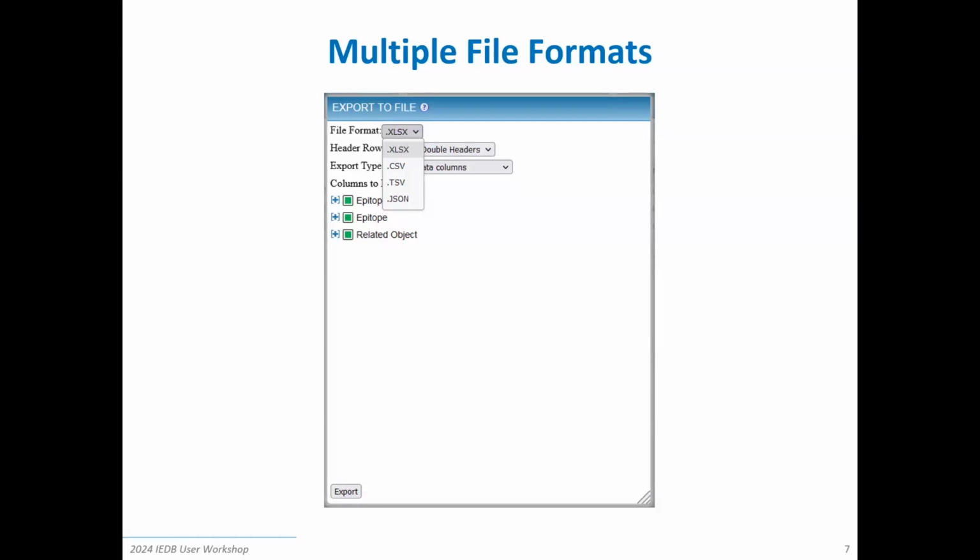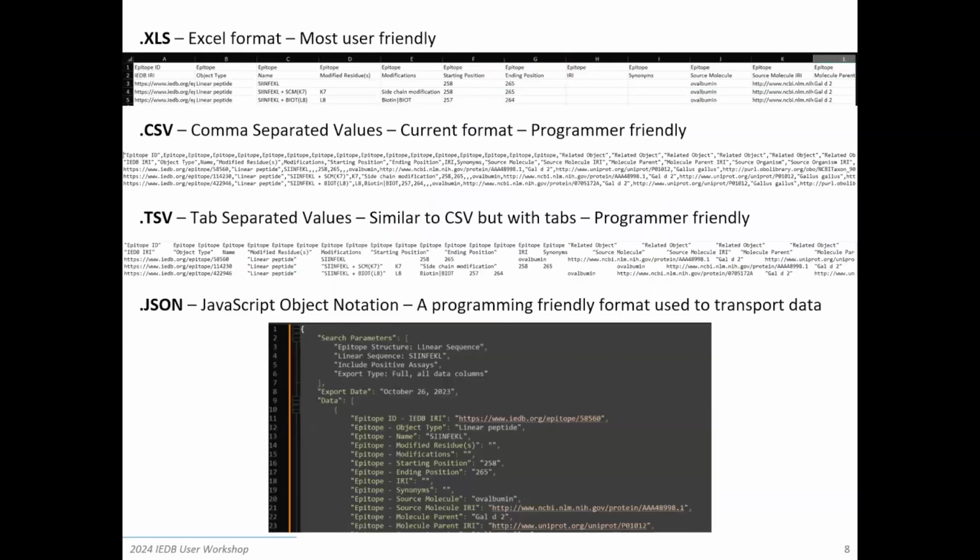It greatly expands the information that we can share with that, as well as being able to format it a little bit cleaner in Excel, which is where a lot of people use the data to visualize it, to do their analysis of it.